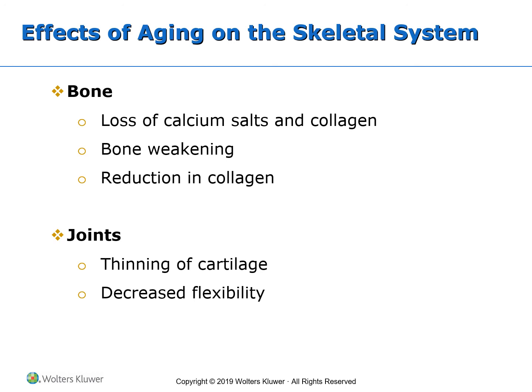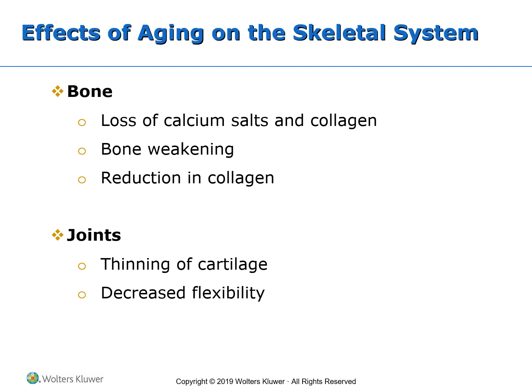With aging, you by now have heard a lot of things that happen with aging, and the most important change is related to the fact that this is a connective tissue, and there is loss of calcium salts with a decreased ability to form the matrix that will efficiently deposit the calcium salts because of impaired secretion and synthesis of collagen.